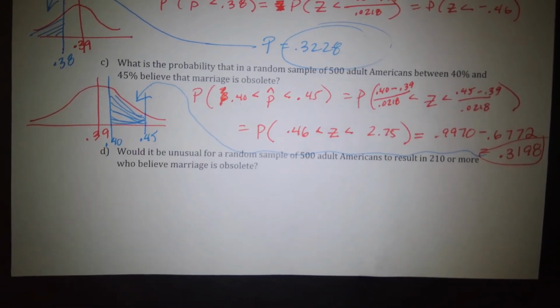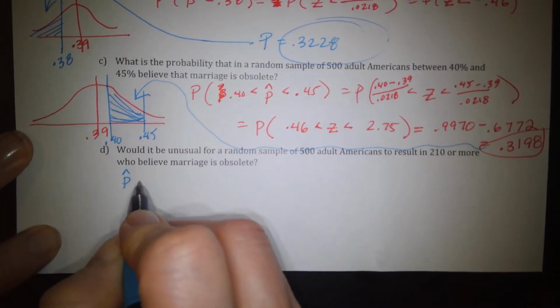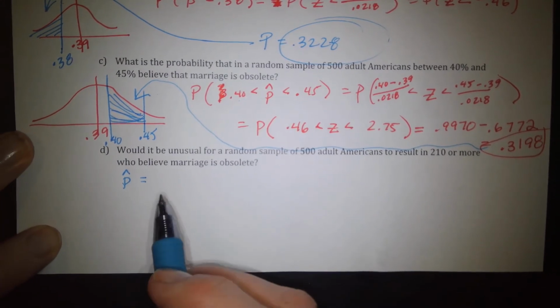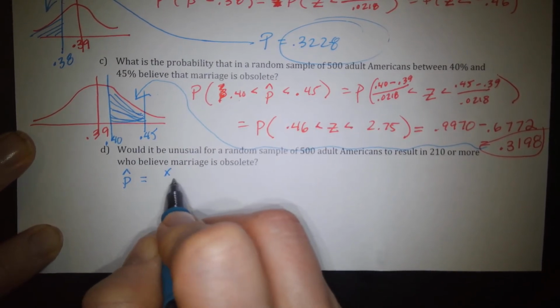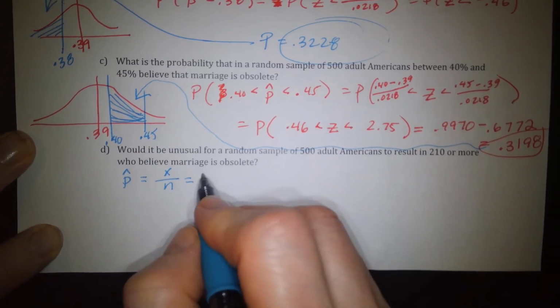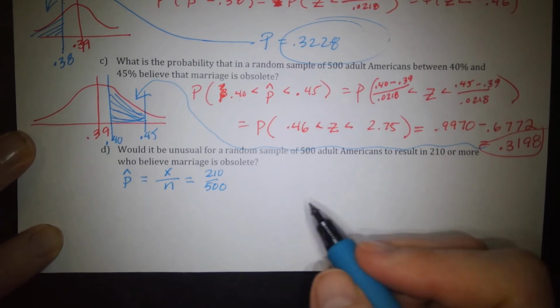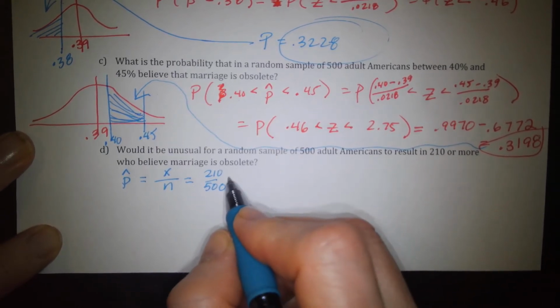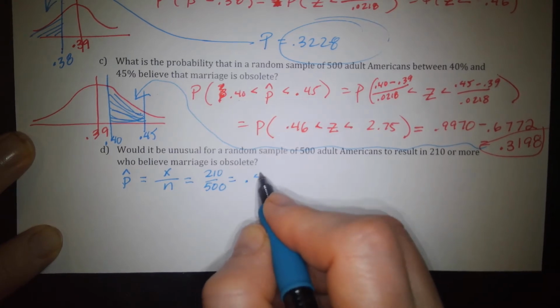This question doesn't give us p-hat, so we have to find it. In order to find p-hat, remember, it's the number of successful items divided by n. In this case, we're looking for 210 out of 500 that all feel the same way that marriage is obsolete. And when I divide those two numbers, that means 42%.